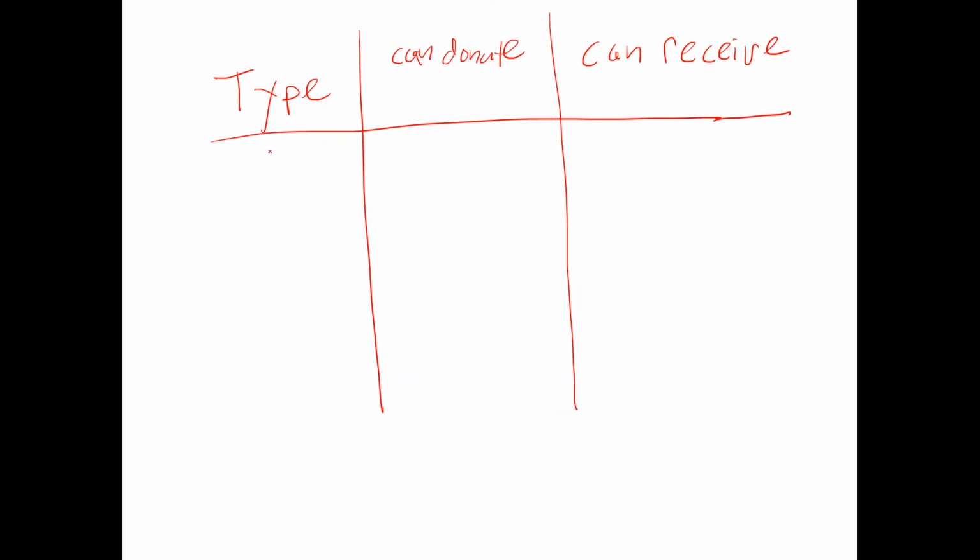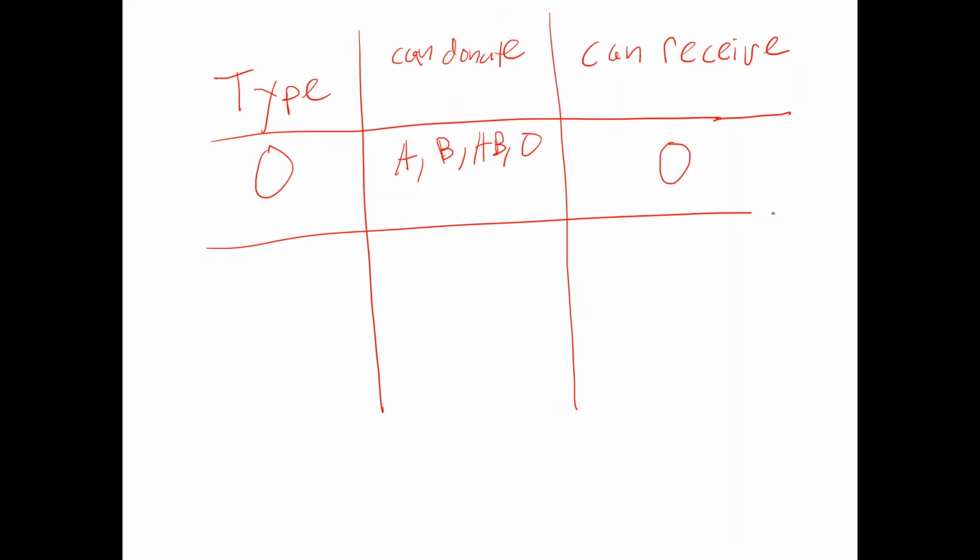You have type O, which can donate to everybody: A, B, AB, and O. They can only receive from type O. Then you have type A. They can donate to type A and type AB, and they can receive from A and O.